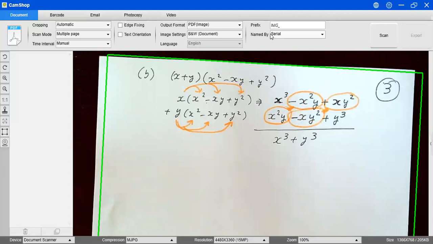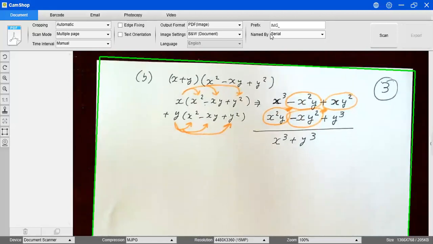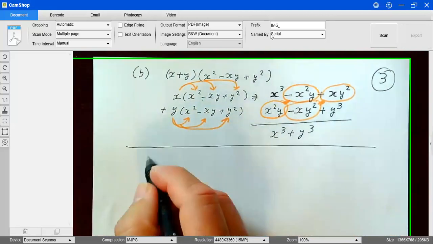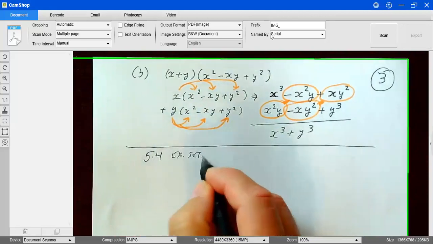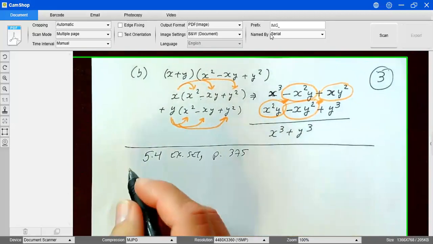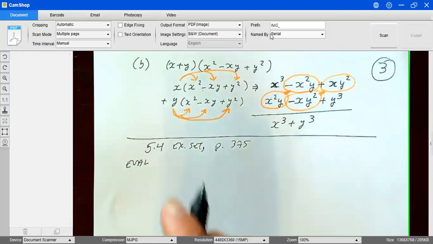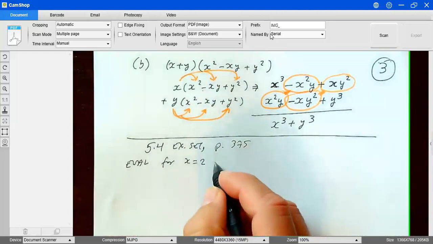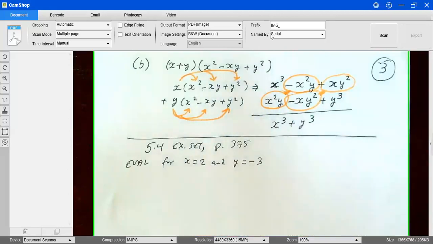So now I'm going to assign you the first set of problems for today's lecture. So you have 5.4 exercise set on page 375. So you're gonna evaluate for x equals 2 and y equals -3.